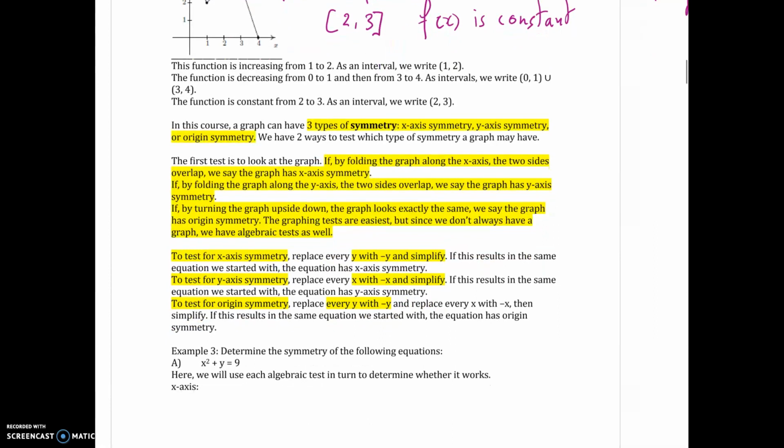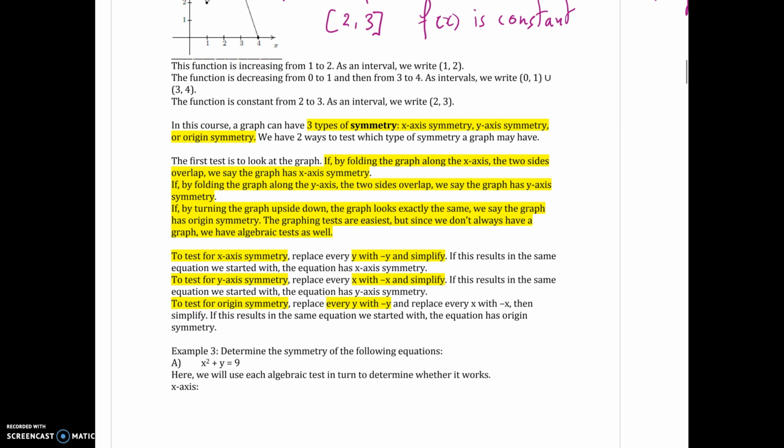If by folding the graph along the x-axis the 2 sides overlap, we say the graph has x-axis symmetry. If by folding the graph along the y-axis the 2 sides overlap, we say the graph has y-axis symmetry. And if by turning the graph upside down the graph looks exactly the same, we say the graph has origin symmetry. These graphing tests are the easiest ones.